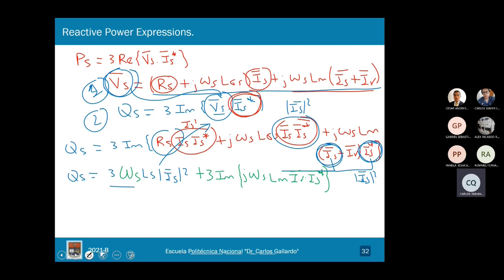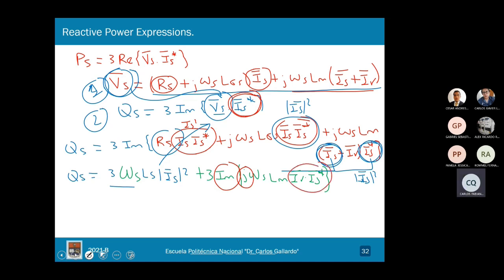Once again, I will apply an identity to the imaginary part. I will take J, and I will have only these two currents.